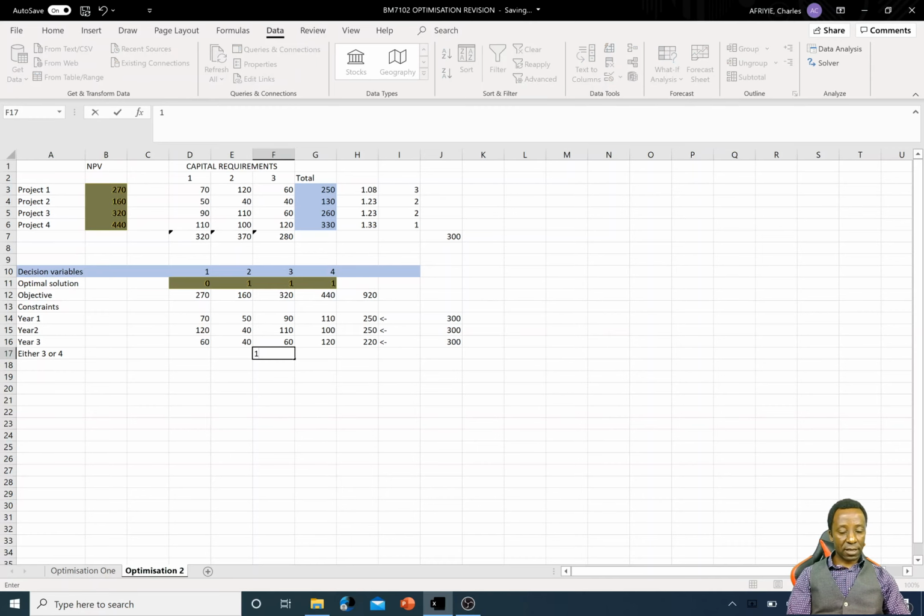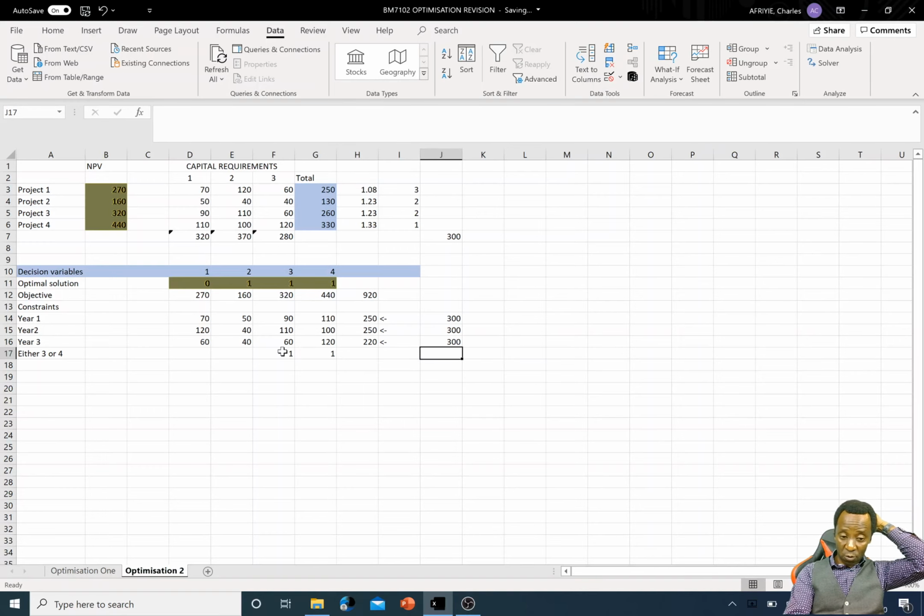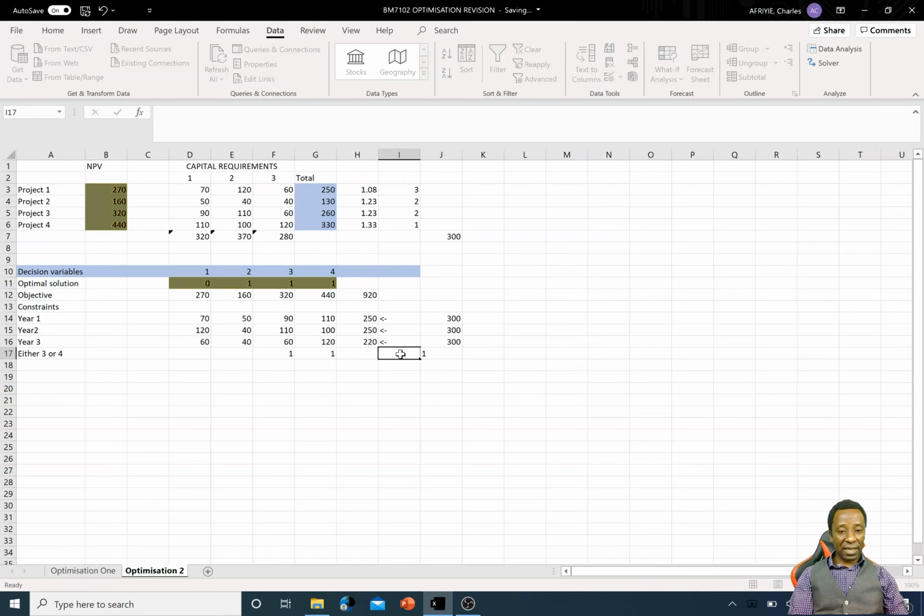Well, 1 is for yes. So if we say yes to 3 and we say yes to 4, we will have an issue, because we can only say yes to one of them. So the way we tell Excel is we say, you can only choose one of these two. So 3 and 4, sorry, I typed that in wrongly, 3 and 4 can only sum to 1.